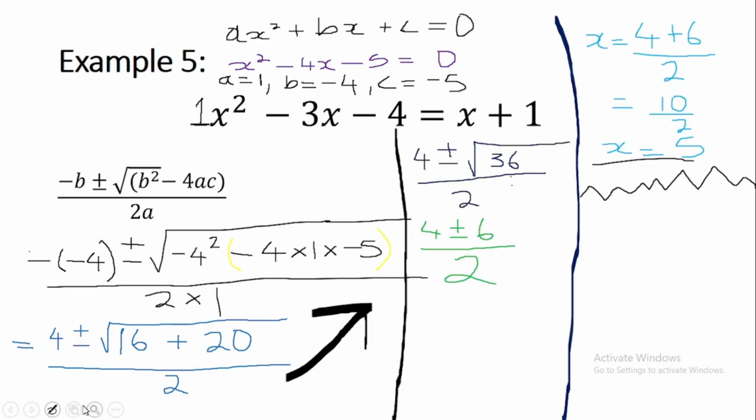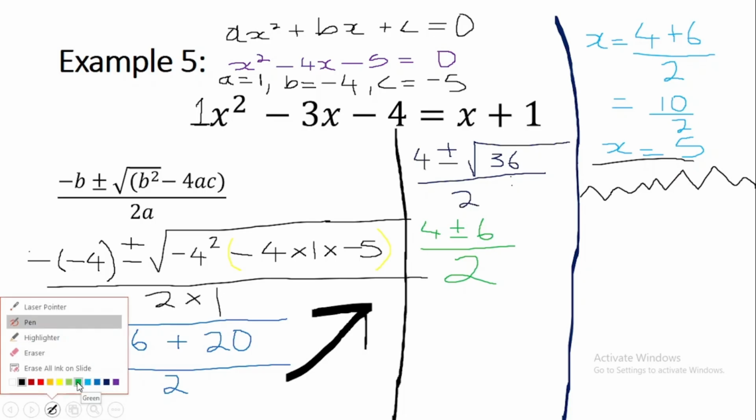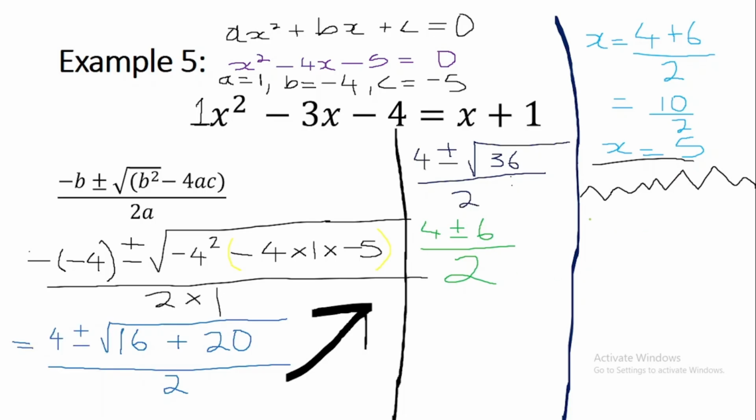So let's work it. x now is going to be equal to, we used the plus already for this sign, so let's use a minus. So it's going to be 4 minus 6 over 2.